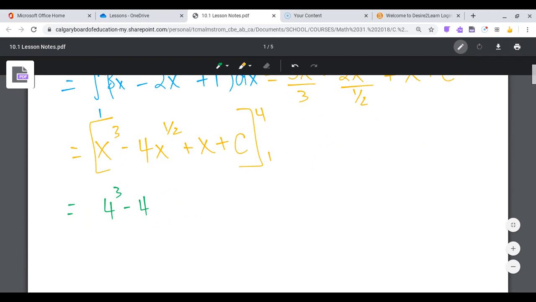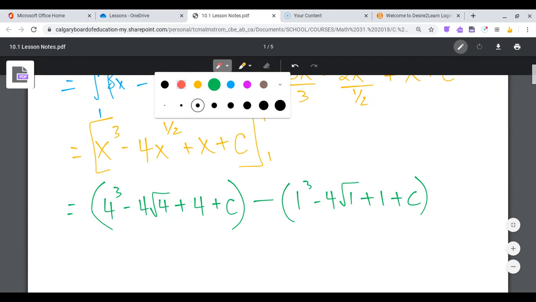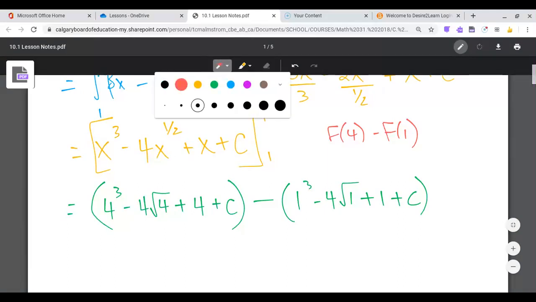And x to the 1/2 is just the square root, so I'm just going to write that as square root, plus 4 plus c. All of that, subtract. Now put in the 1 cubed minus 4 times the square root of 1 plus 1 plus c. So this is essentially the F of 4 minus F of 1 that we're in the midst of doing.